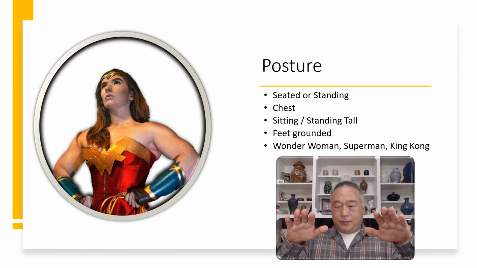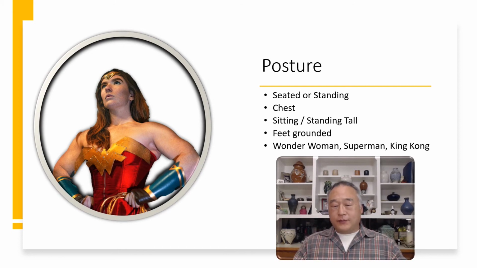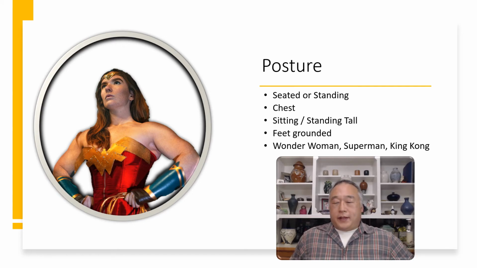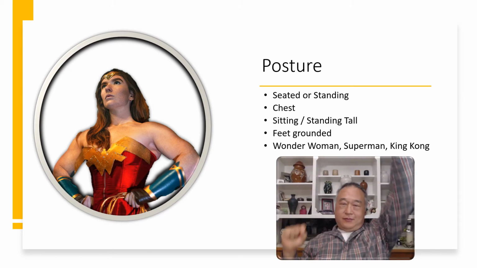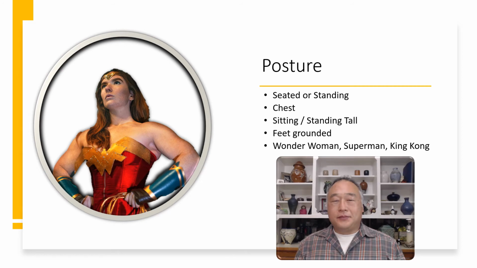So put the feet down on the floor, open up the chest, and stand tall or sit tall. And if you want to, you can practice your Wonder Woman posture, or Superman, or something that energizes your spirit and your body.